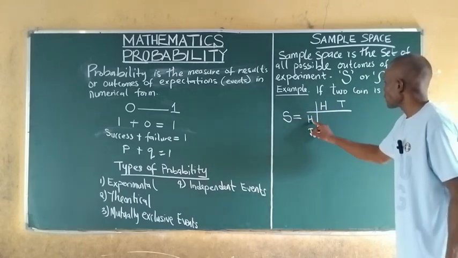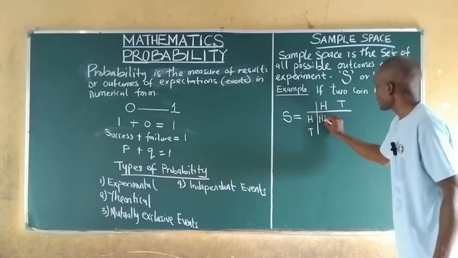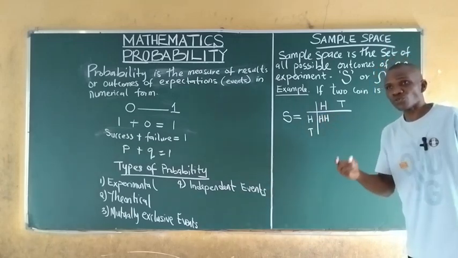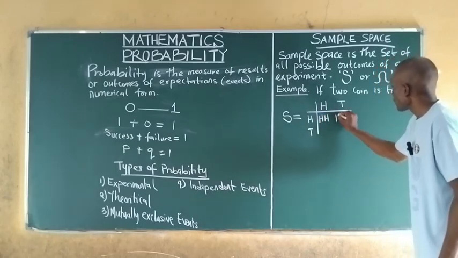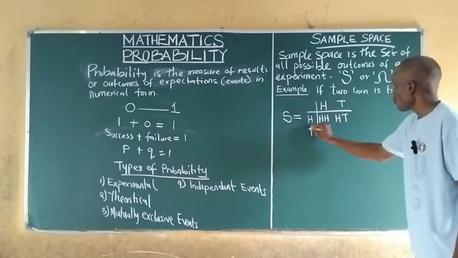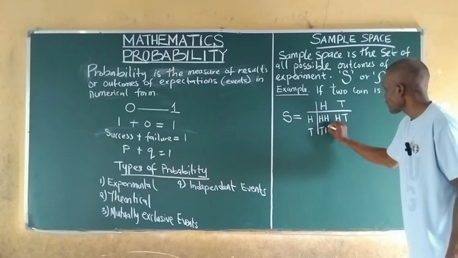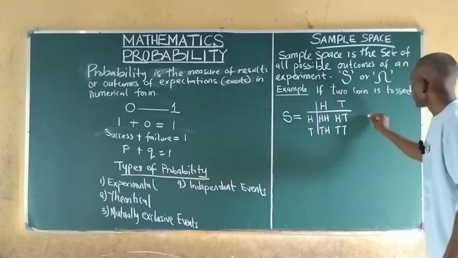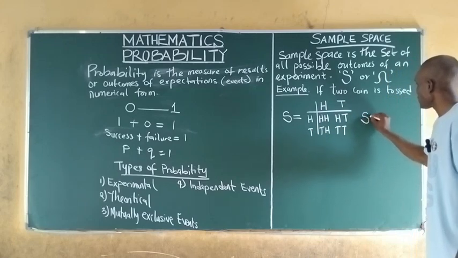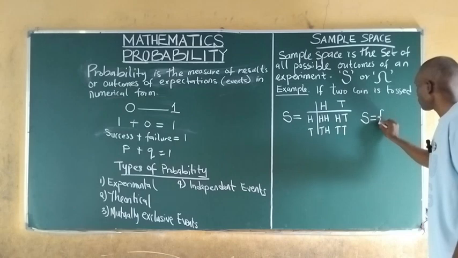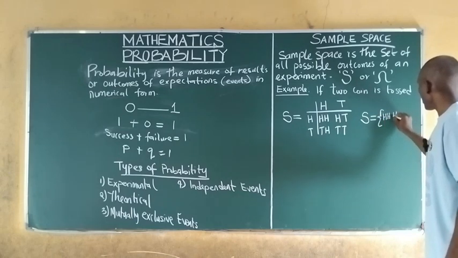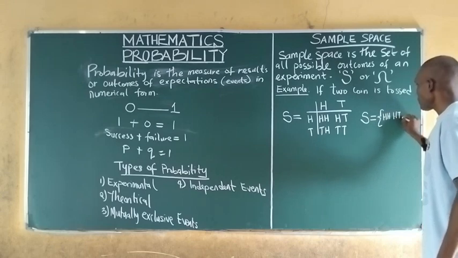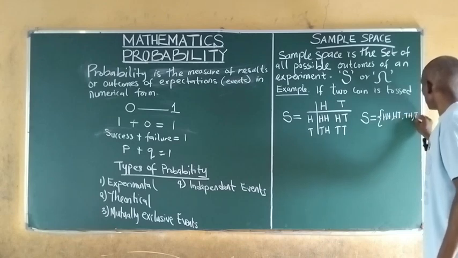So the sample space will be head head, head tail, tail head, or tail tail.